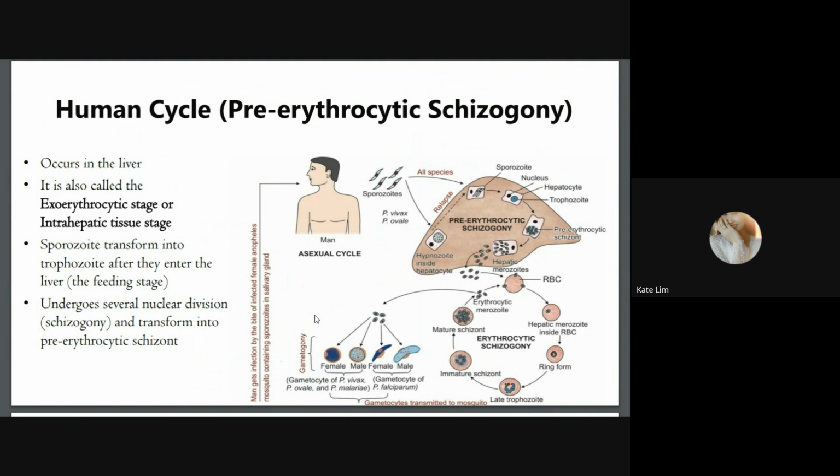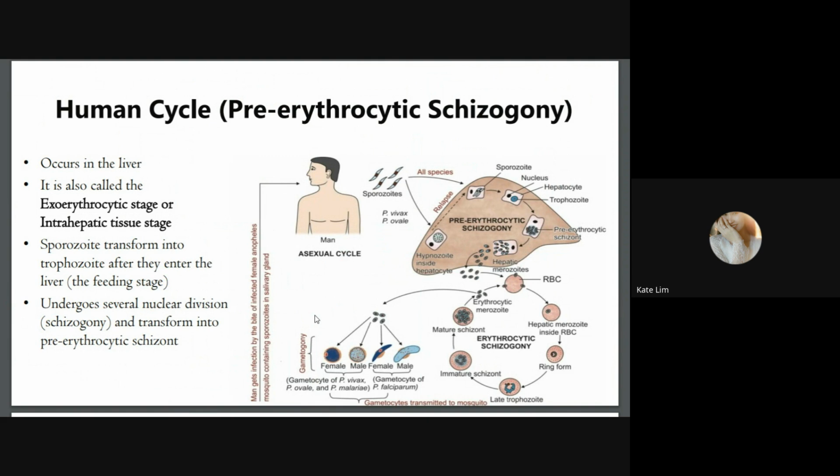Once inside the liver, the sporozoites transform to become the trophozoites, which are the feeding stage, the active stage of the parasite. These trophozoites start to consume nutrients from the liver cells, and the trophozoites would now transform to become your schizonts, and the schizonts would undergo hepatic schizogony.